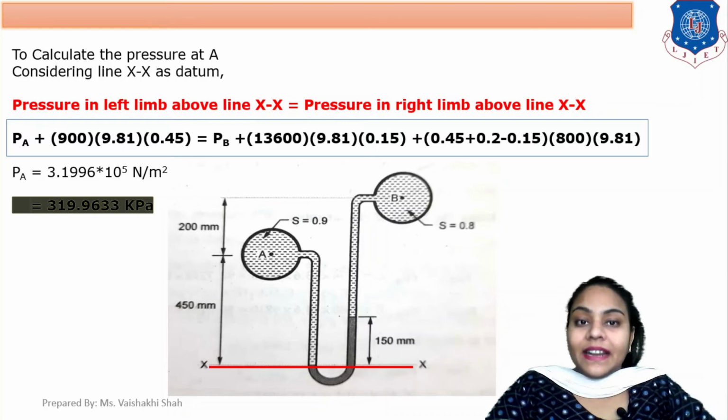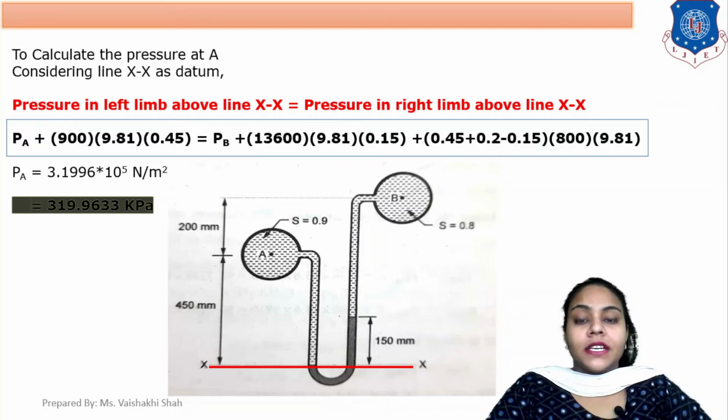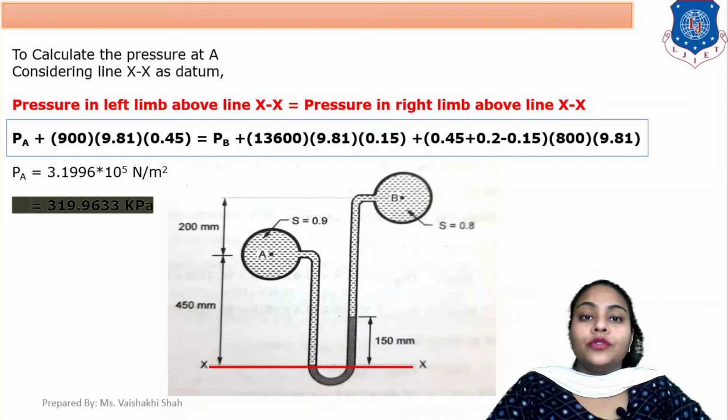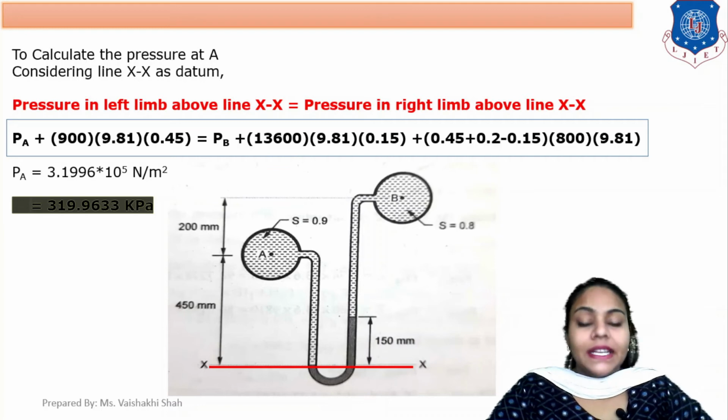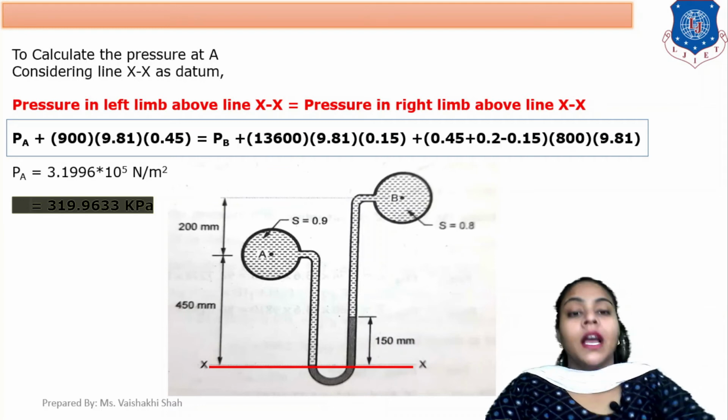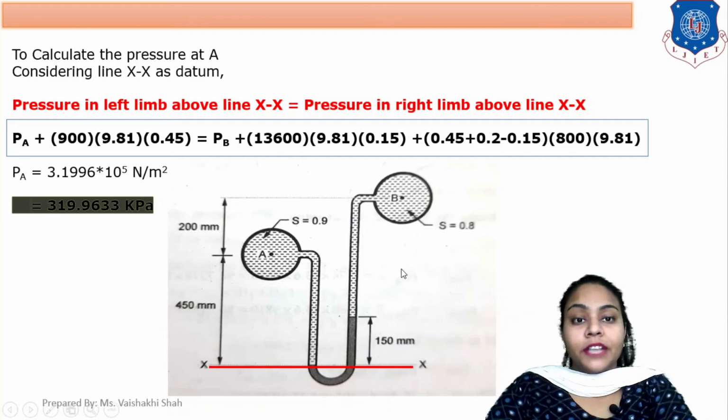Now on the right hand side, first pressure is PB, plus rho 2 g h2, where rho 2 is for mercury, which is 13,600 into 9.81 into 0.15. Now the third pressure is due to the fluid in pipe B, with density 800.